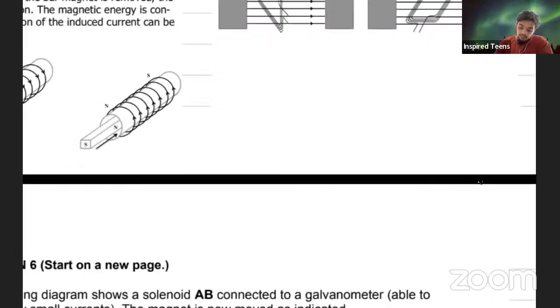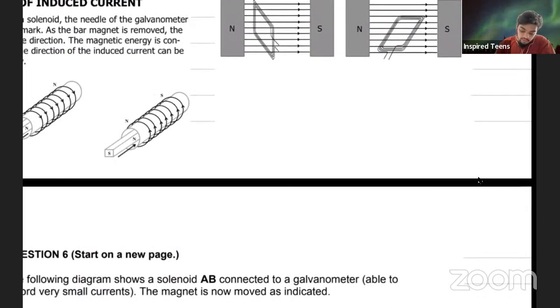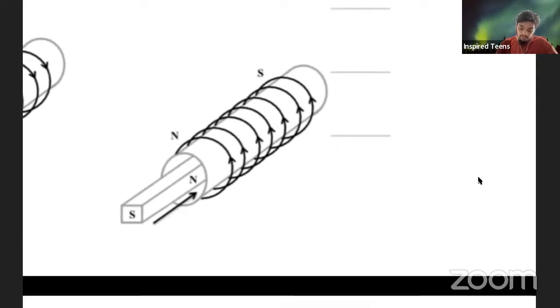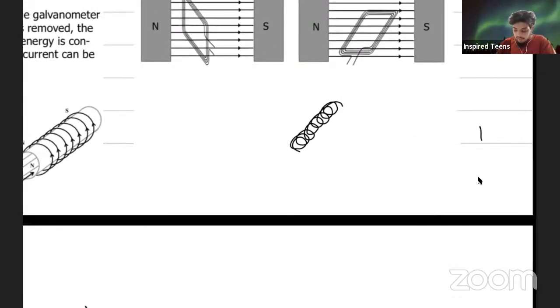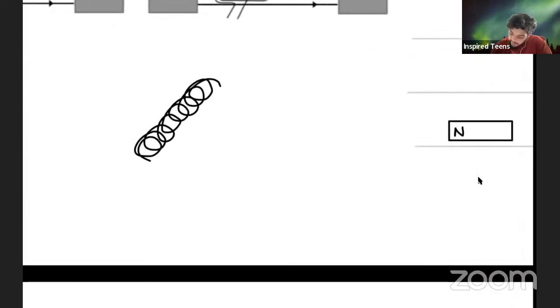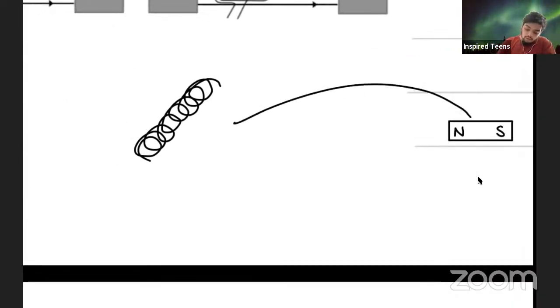Compared to, let's say, if we had a solenoid here, I don't know what's the best way to draw a solenoid, and then we have a magnet extremely far away. Then the magnetic field lines of this magnet are not going to touch it.